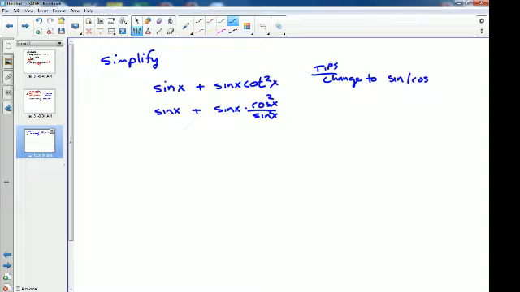I can cancel one of these out, right? Yeah. So sine and then the squared will go, cosine squared x over sine x. Is that any more simple?